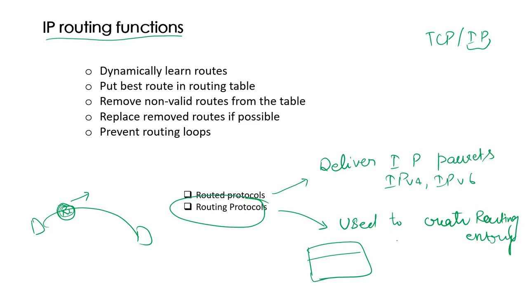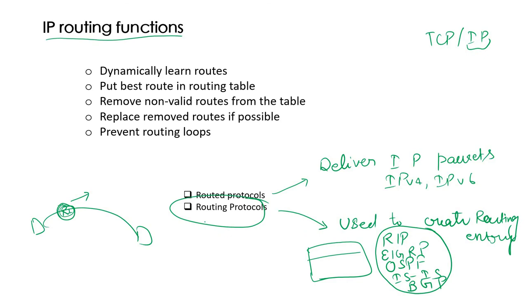Examples of these protocols are RIP, EIGRP, which used to be Cisco proprietary but is now available for public use, though most vendors still don't use it. Then we have OSPF, Open Shortest Path First, IS-IS as well, and BGP. These are the protocols we normally use for the creation or updating of our routing table.